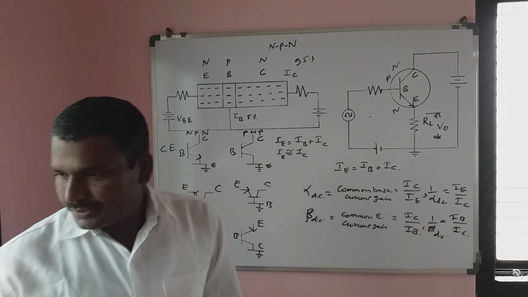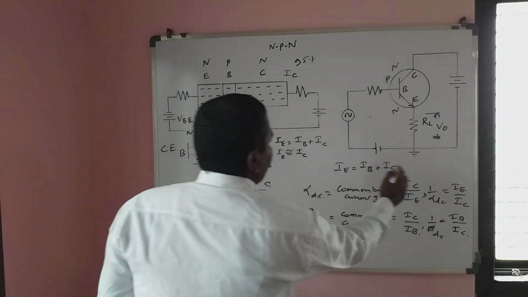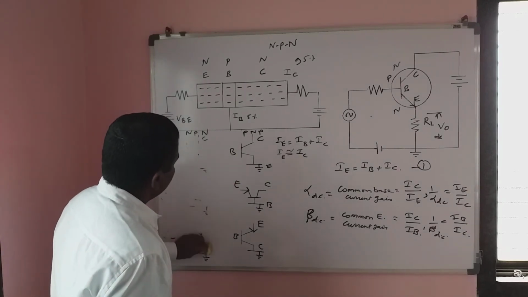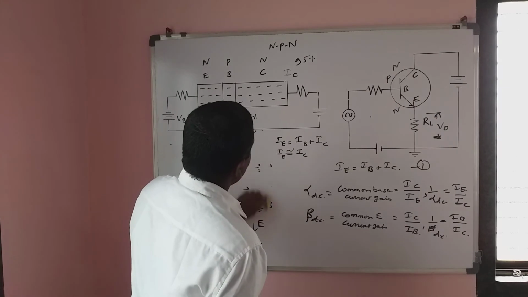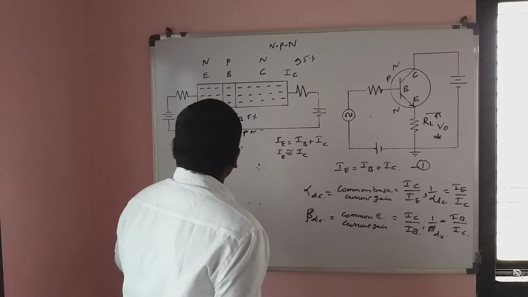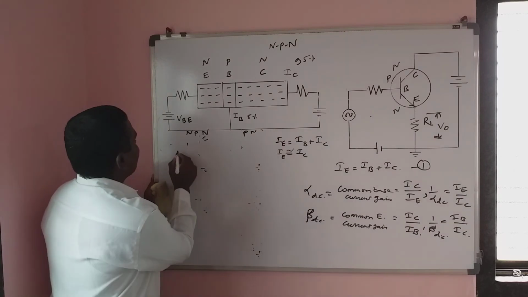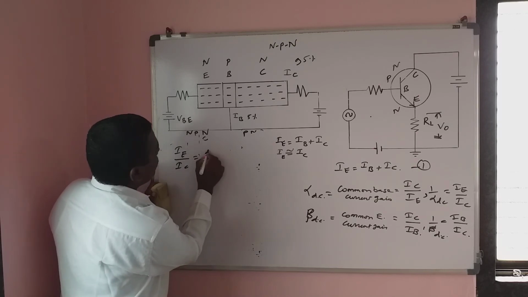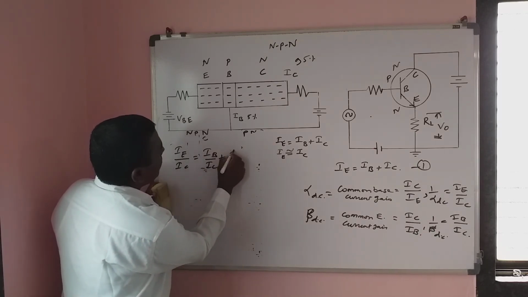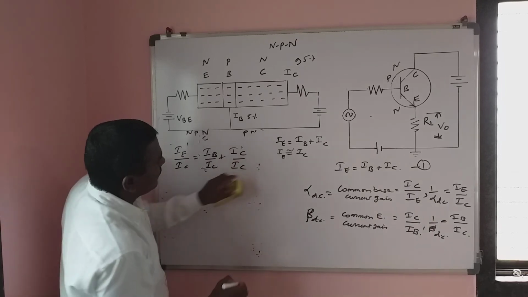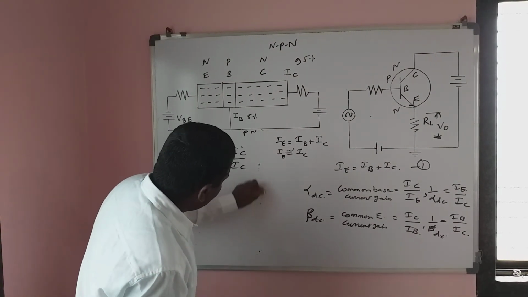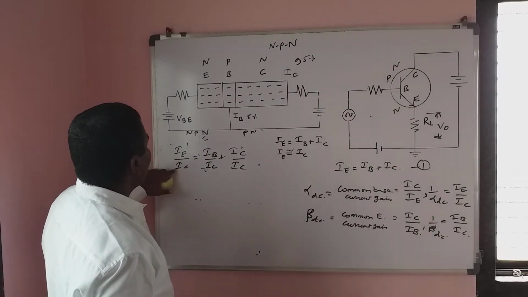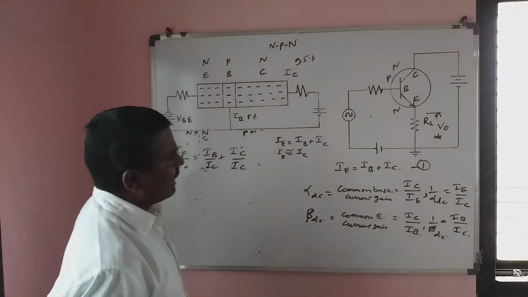Now take equation 1, IE equals IB plus IC, and divide by the collector current: IE upon IC is equal to IB upon IC plus IC upon IC.